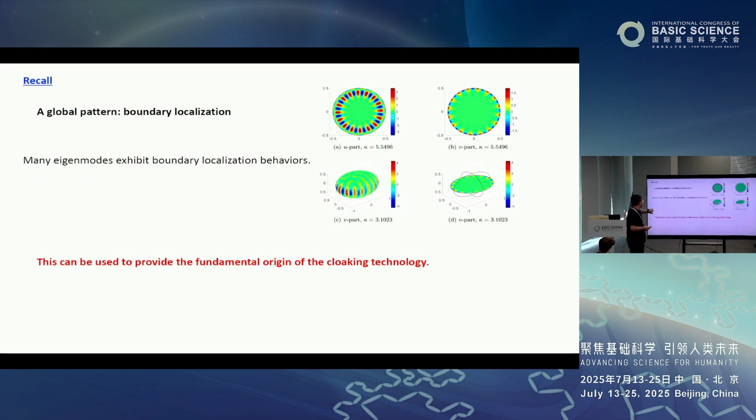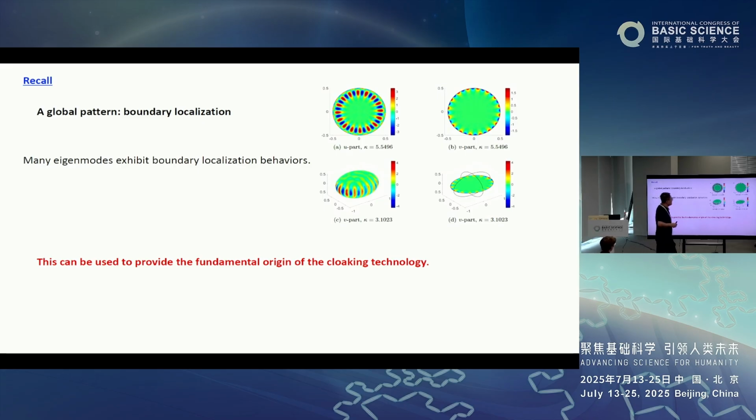Now the second is a global pattern, the boundary localization behavior. Many eigenfunctions exhibit this boundary localization behavior. This is also consistent with our physical intuition. This wave generates no scattering, invisibility. So in order to achieve that type of effect, the wave chooses a very smart way to propagate.